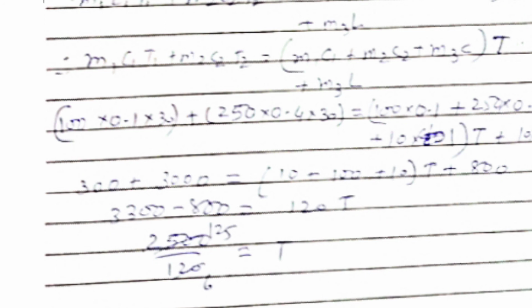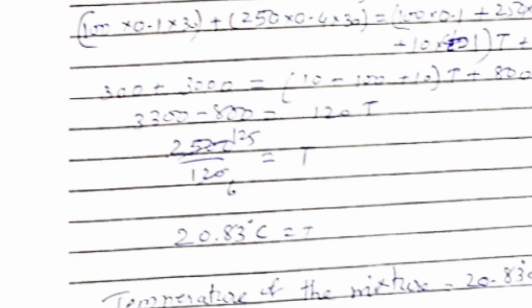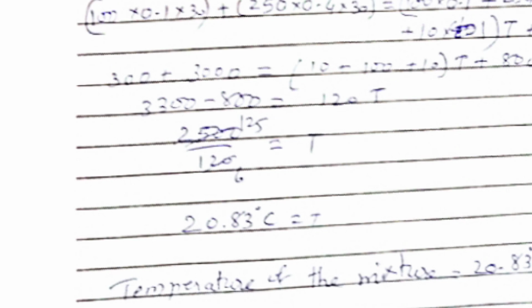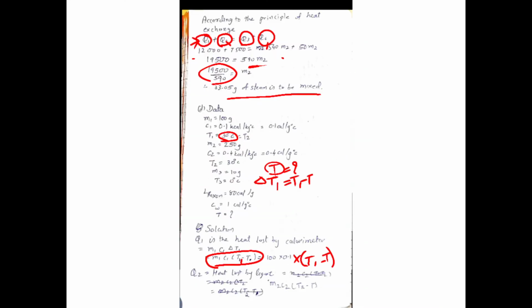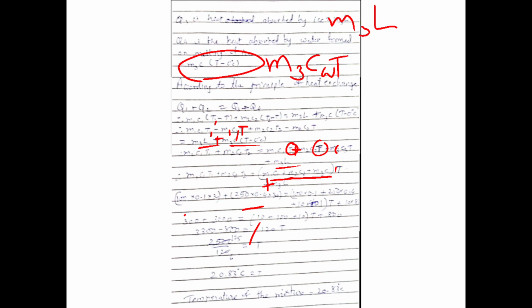And on the right hand side also substitute in a similar manner and solve further. You will get the answer as 125 upon 6. So 20.83. You can round it up to 20.8. You just have to do the things, simplify, and you will get the answer.